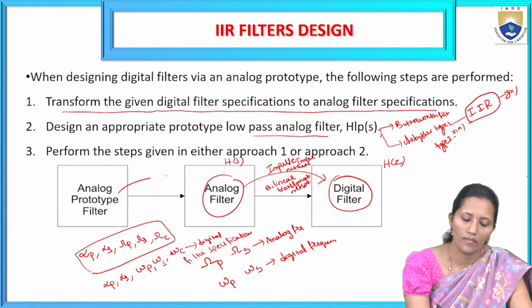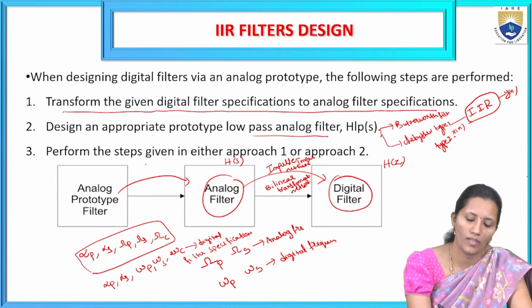Okay, so here the analog filter prototypes are the Butterworth filter or Chebyshev type 1 or type 2 filters.